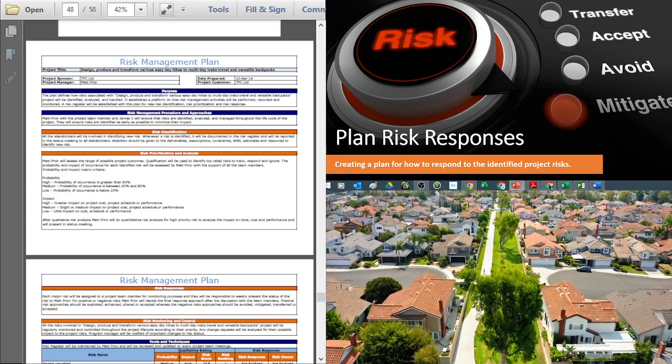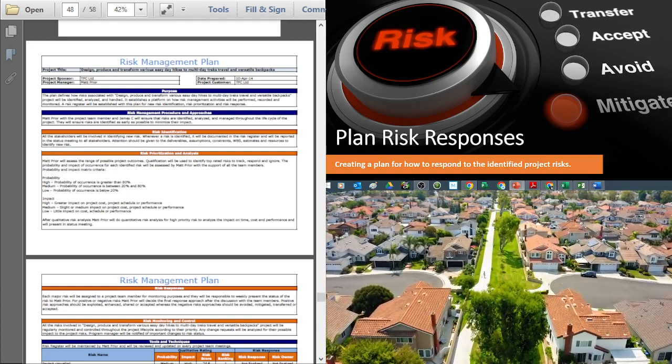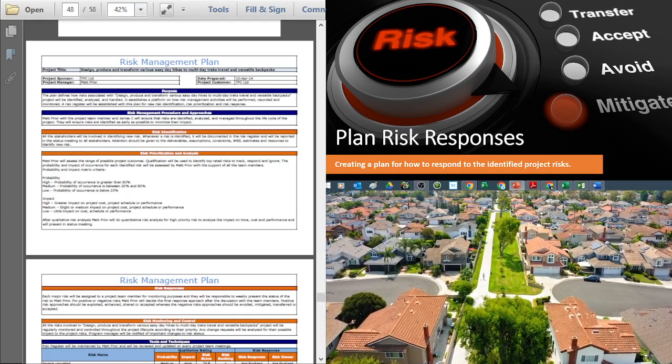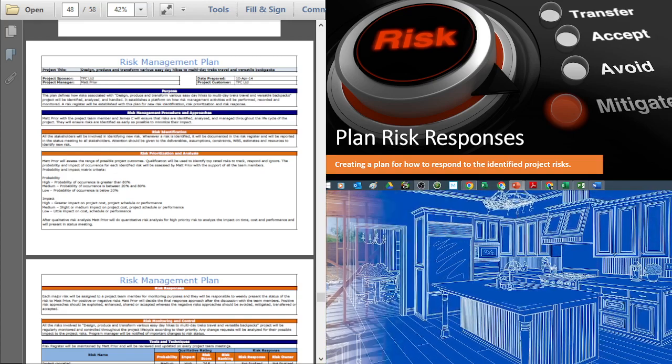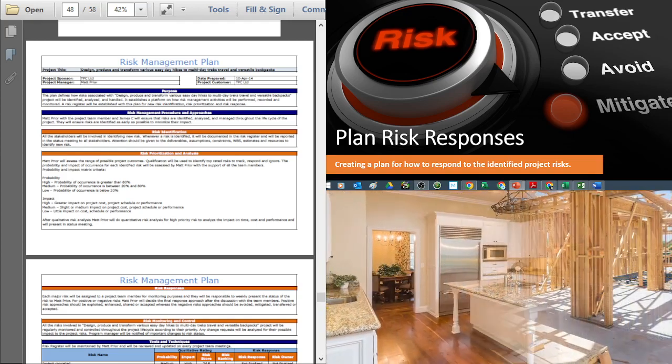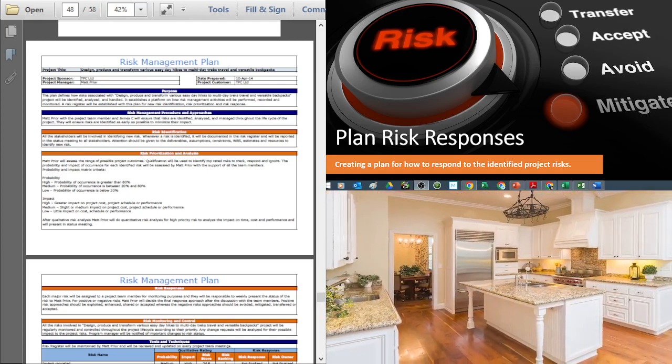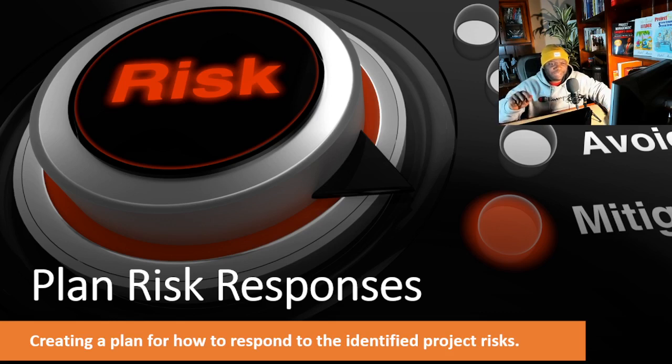So you have exploit, you have escalate and enhance. But you also have accept and you have share. And if you can remember that, then you remember the EASEE, EASEE, easy. And that's a mnemonic for the positive risks.